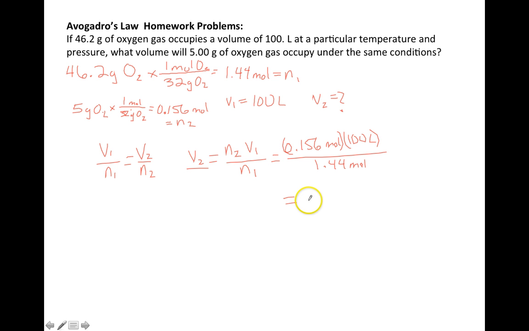And when we do the math on that, we end up with 10.8 liters. And let's see, we reduced our number of moles, so N1 to N2 was a big decrease, and we also saw a big decrease in volume. So our answer makes sense. This would be our correct answer.